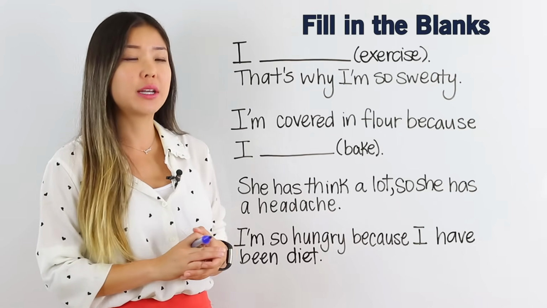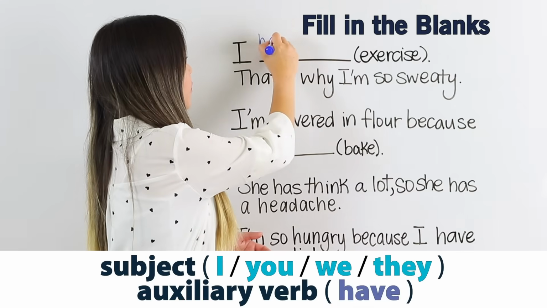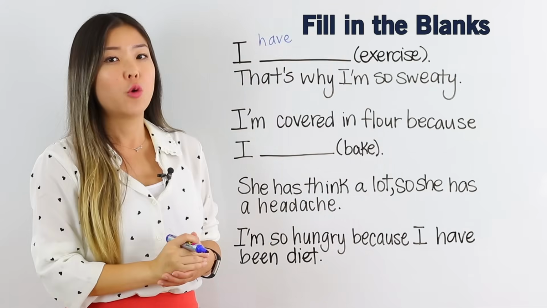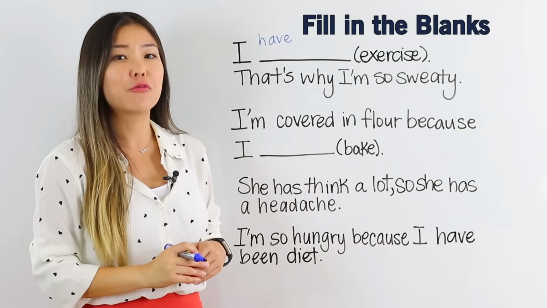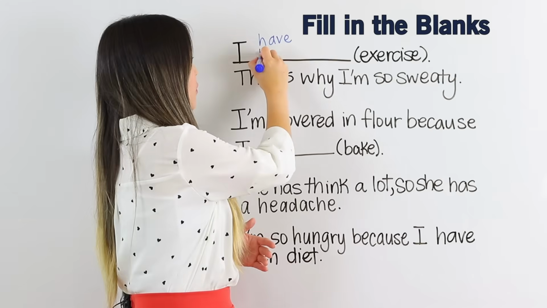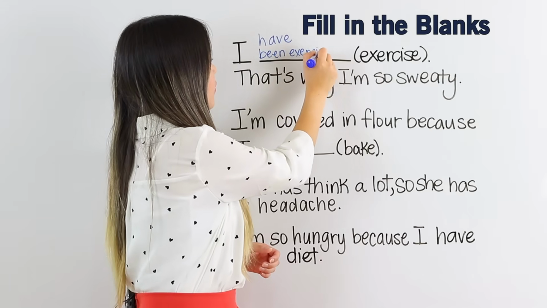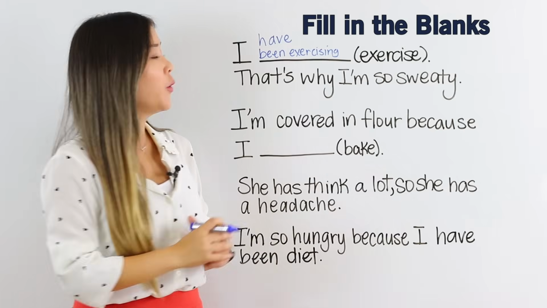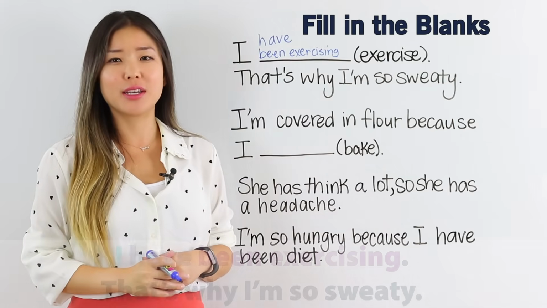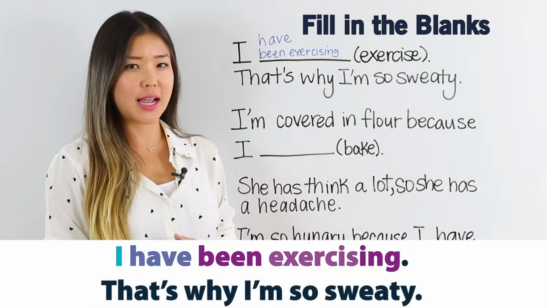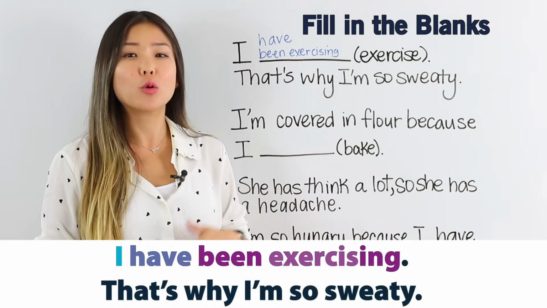The correct answer is have. Then we put been and then verb ing. Okay, so the correct answer is I have been exercising. That's why I'm so sweaty.